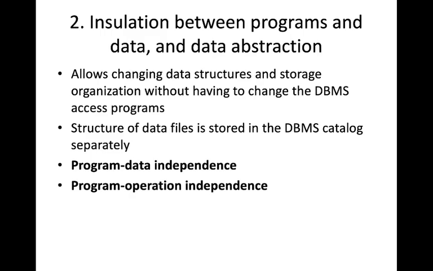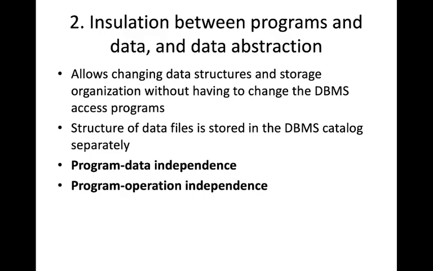If we take object relational databases, we will be seeing about them later. In object oriented or object relational database systems, we have program operation independence also. If you have studied object-oriented programming, the function or method is known as an operation.